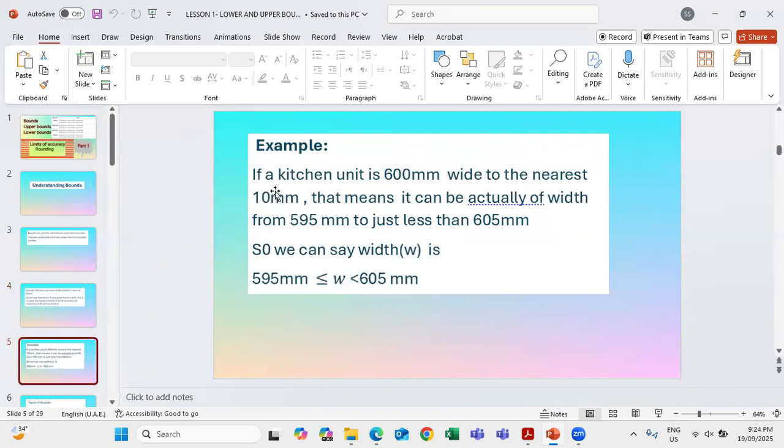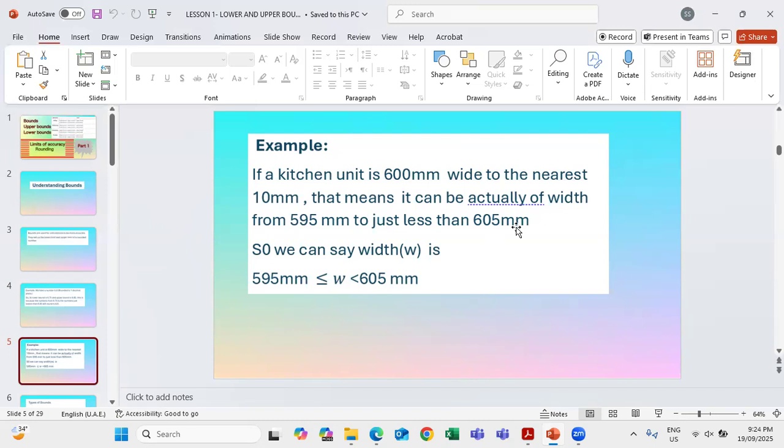Now, for example, if you have a kitchen unit which is 600 wide to the nearest 10 millimeters, that means this is not the exact value. It can be different from this value, but within certain limits. So the actual value can lie from 595 millimeters to just less than 605 millimeters.